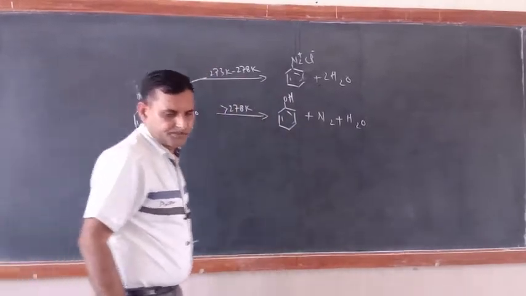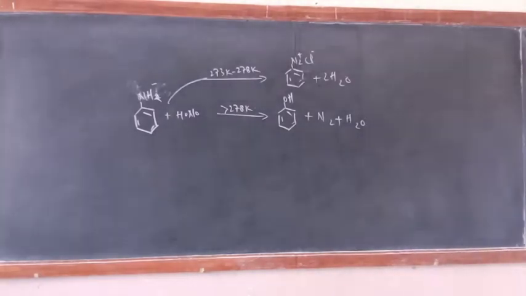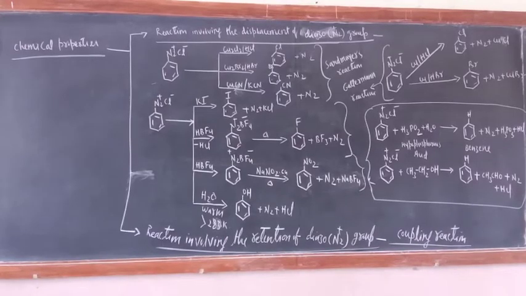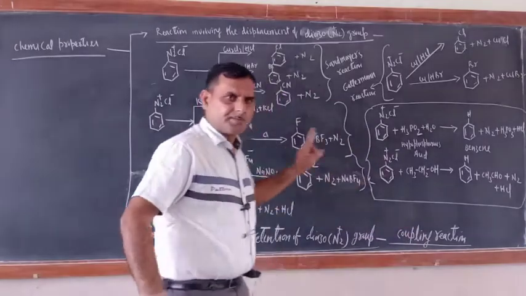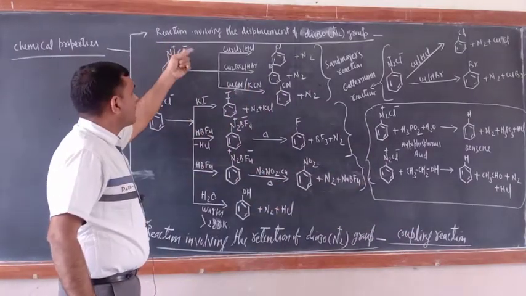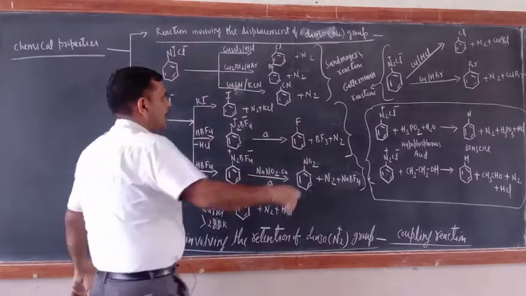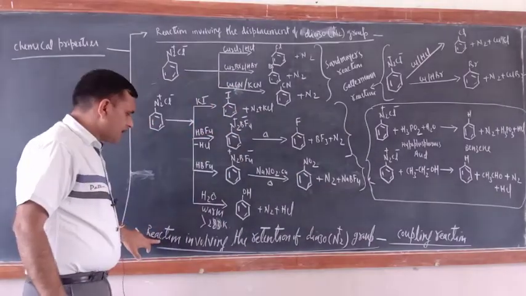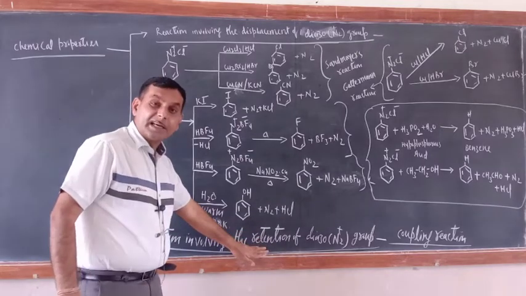Now chemical properties of benzene diazonium salt. They can be divided into two categories. One is reactions in which the diazo group, the N2 positive group, is displaced. The second is reactions where the diazo group is retained.